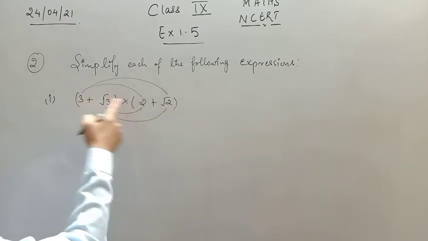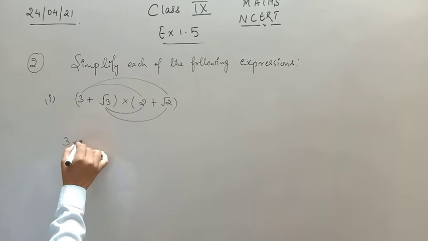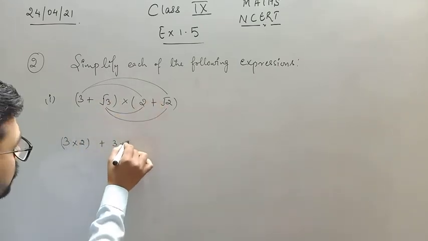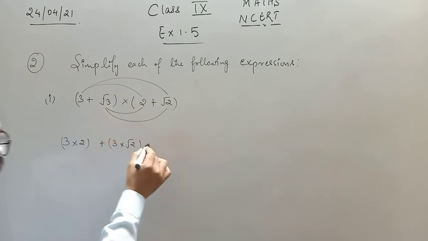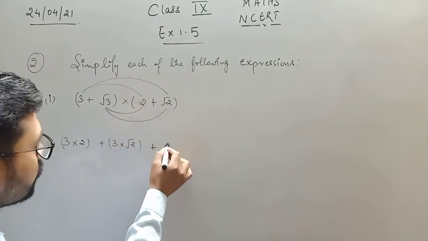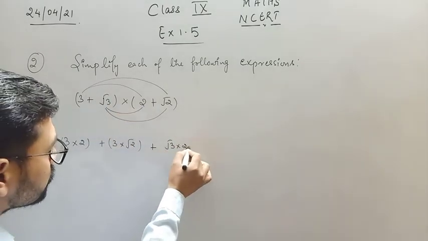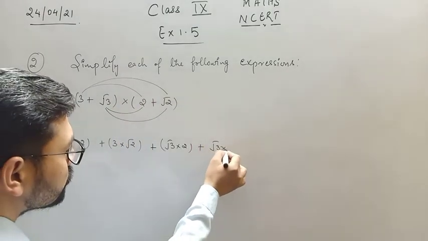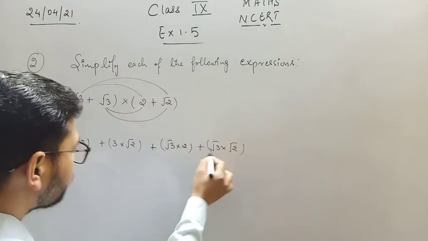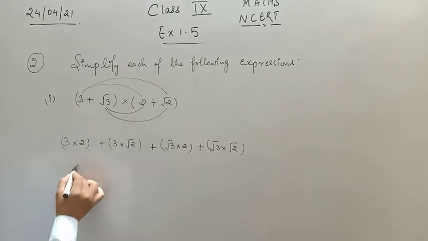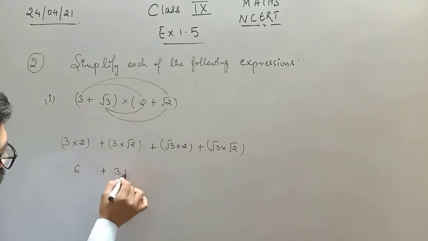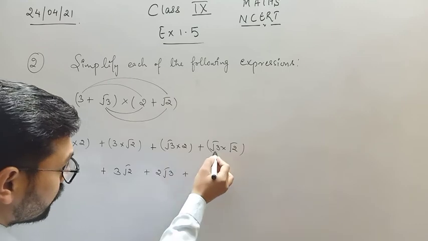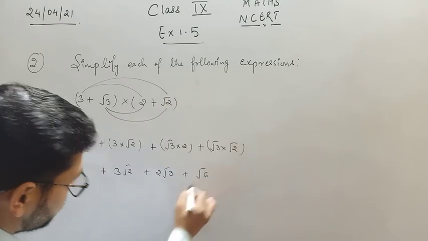So first 3 into 2, then 3 into root 2, then root 3 into 2, then root 3 into root 2. 3 2s are 6, 3 root 2 plus 2 root 3 plus root 3 into root 2 is root 6.